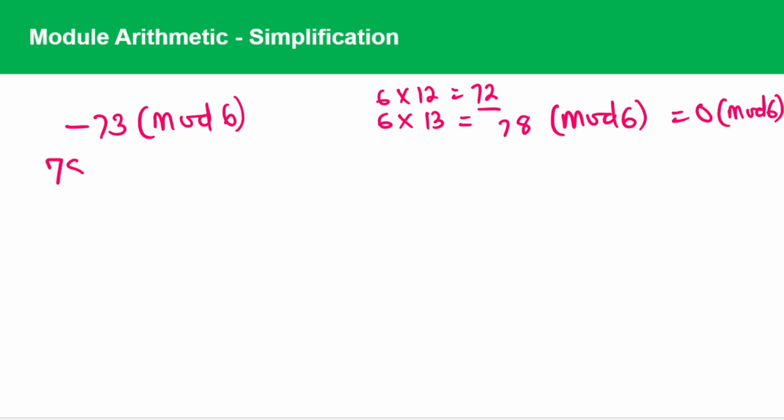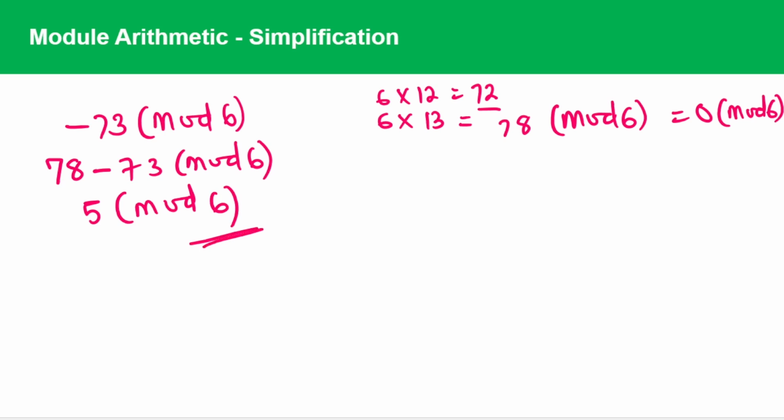So if I do 78 minus 73 mod 6, my answer is going to be 5 mod 6. This is my final answer, because 5 is less than my mod. This is how you simplify modular arithmetic in any given mod.